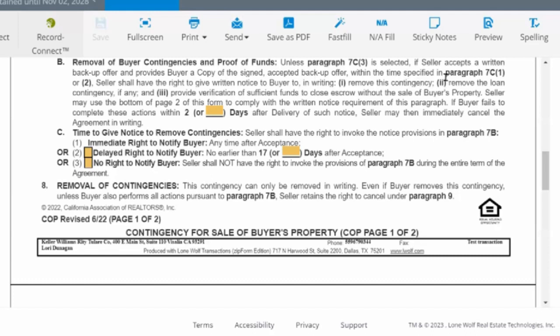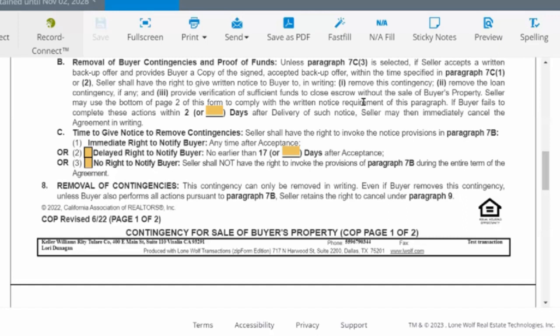if seller accepts a written backup offer and provides buyer a copy of the signed accepted backup offer within the time specified, seller shall have the right to give a written notice to buyer to either remove this contingency that allows them to sell their house, or remove the loan contingency, or provide verification of sufficient funds to close escrow.